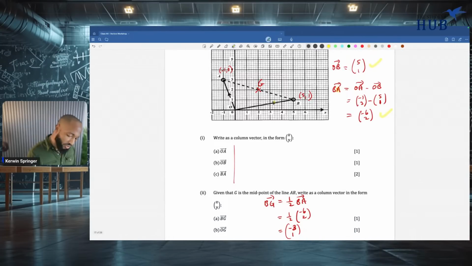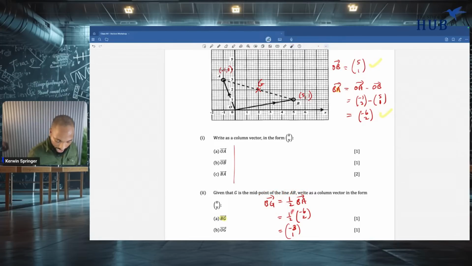Instead of using the whole formula for the midpoint, since I need to find BG, you all see what we want to find? We want to find B to G, eh? And what we just found is B to A. B to G is halfway there. So that's why I said BG is half of BA, which I just found.